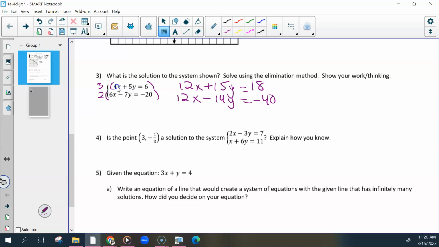If you did something different, you will get the same answer as long as you did your math right. Would we add or subtract to eliminate the x's? So then these will cancel. 15 minus a negative 14 would be a positive 29y. 18 minus a negative 40 would be a positive 58.